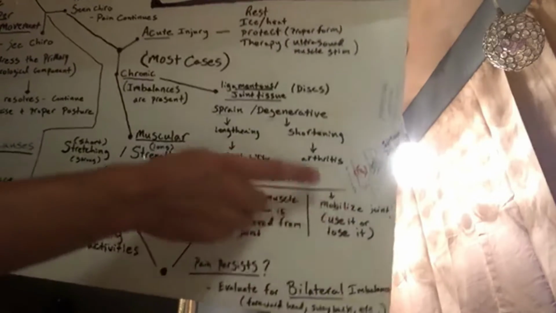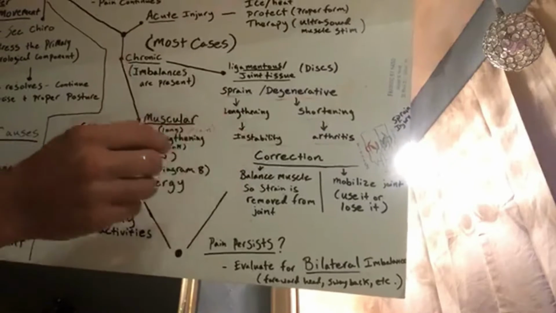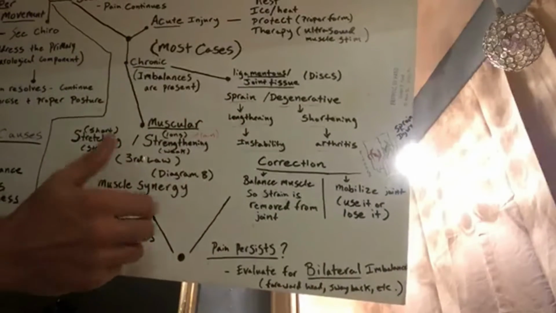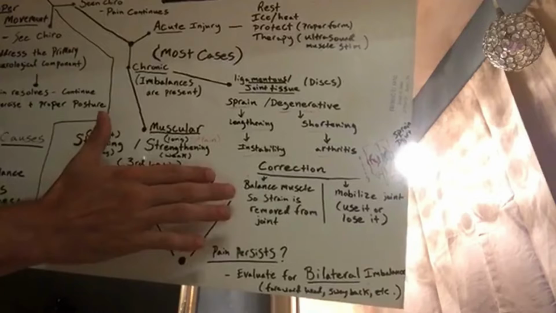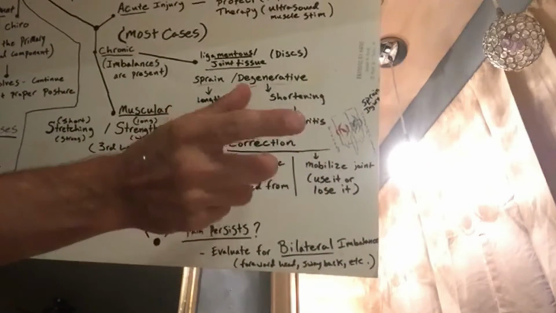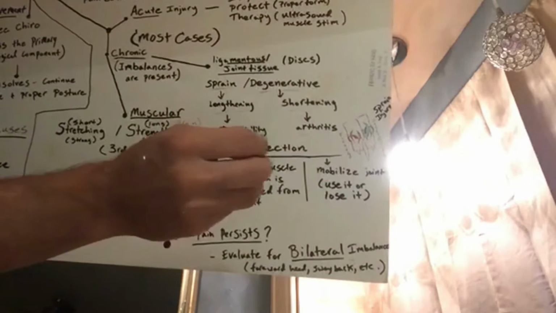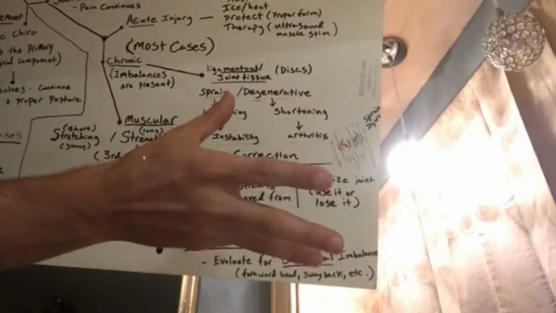But we don't really think about the other side too much, where we have a sprain of the joint. So that's a lengthening of the joint tissue, if you will. And so that's instability we see. So that's the green over here, where if you sprained an ankle, what are you doing? And it's usually a tendon, but there's joint tissue or ligaments that are getting overstretched. So that's an instability.